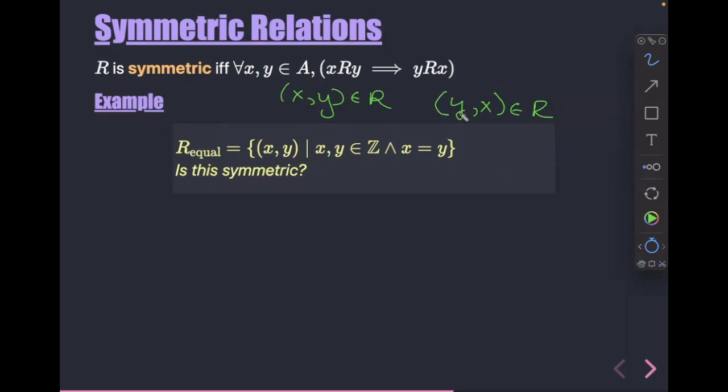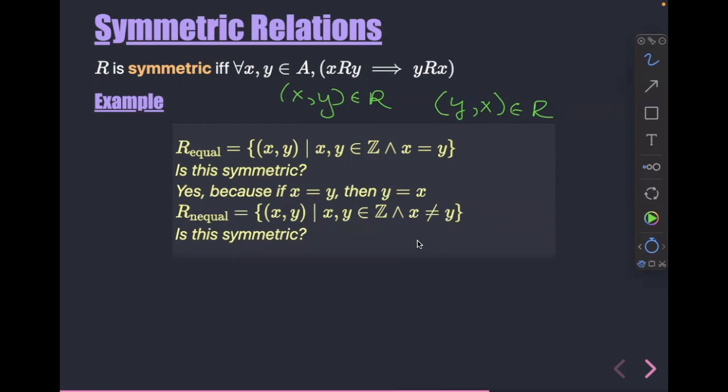A common example here is going to be equals, right? So if x equals y, you can also say that y equals x. And that's going to be true for anything, right? So for equality, it is symmetric, because if x equals y, then y equals x. What about non-equal? If x doesn't equal y, is it true that y doesn't equal x?